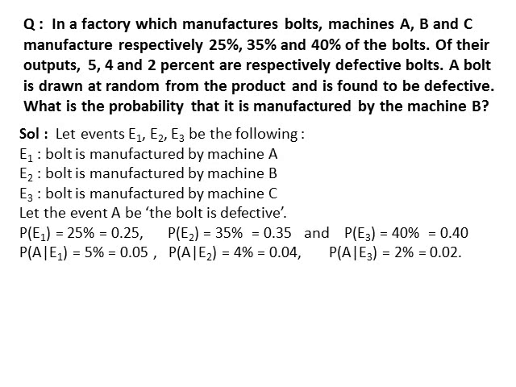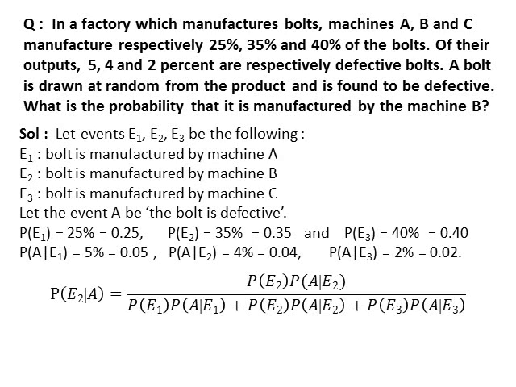Now, the probability that the bolt is manufactured by machine B given that the bolt is defective is P(E2 given A). Using Bayes theorem, we have P(E2 given A) equals P(E2) multiplied by P(A given E2), divided by P(E1) multiplied by P(A given E1) plus P(E2) multiplied by P(A given E2) plus P(E3) multiplied by P(A given E3).